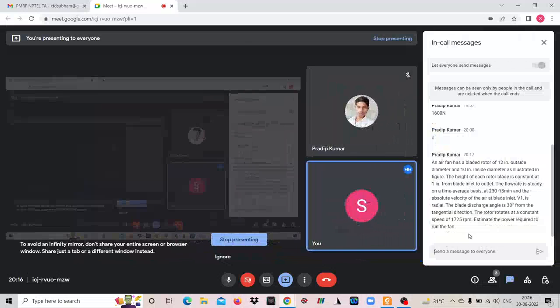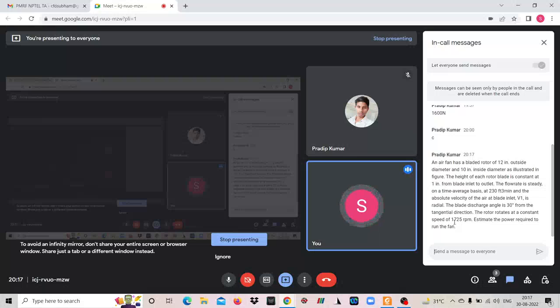Okay, fine. You have shared the question. An air fan has a bladed rotor of 12-inch outside diameter and 10-inch inside diameter as illustrated in the figure. The height of each rotor blade is constant at 1 inch from blade inlet to outlet.